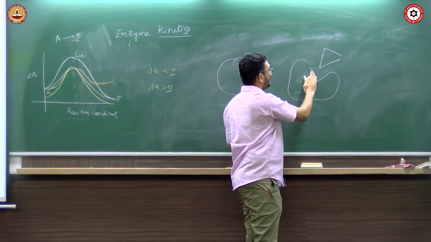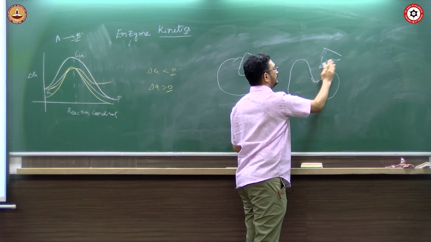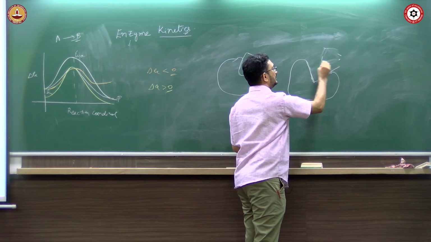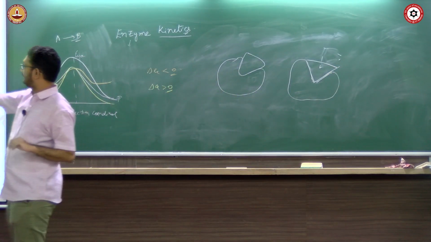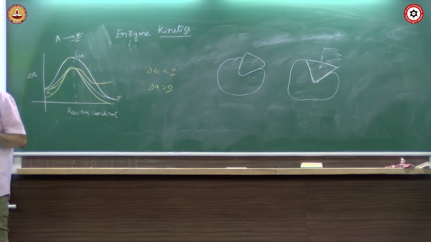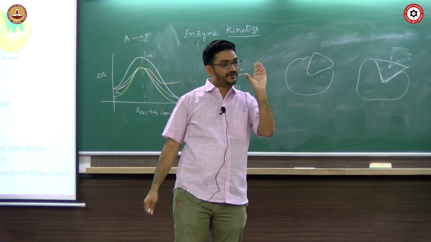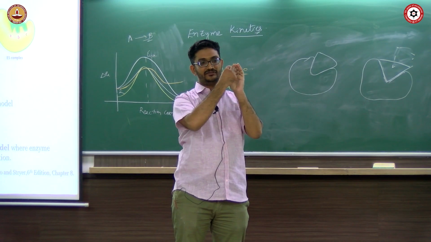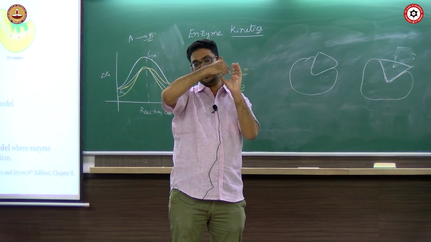Now the enzyme will reorient itself so that the substrate can fit. So this is called the induced fit model. One is called the lock and key model, the other is called the induced fit model. In the lock and key model, you already have a predefined enzyme that has an active site, and the substrate exactly matches it and will come and bind to that.